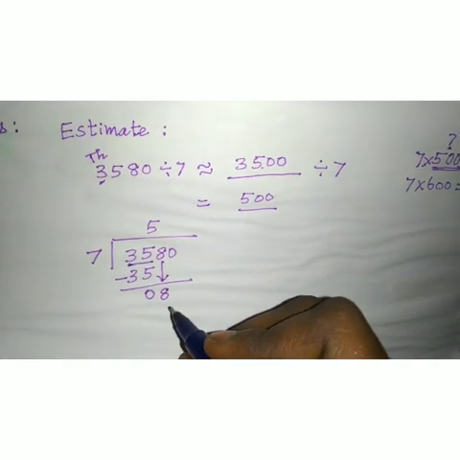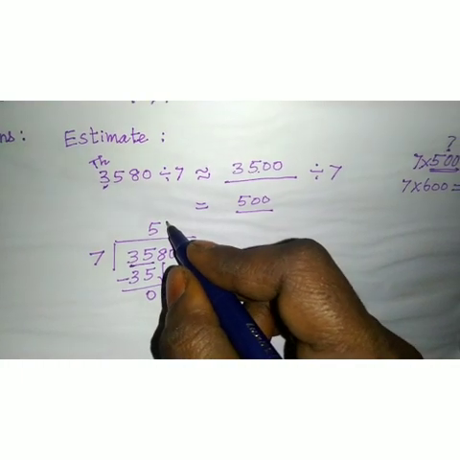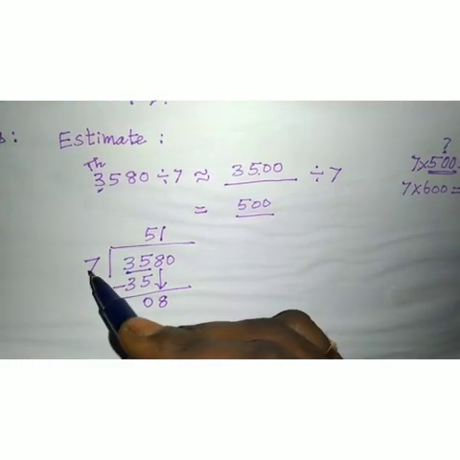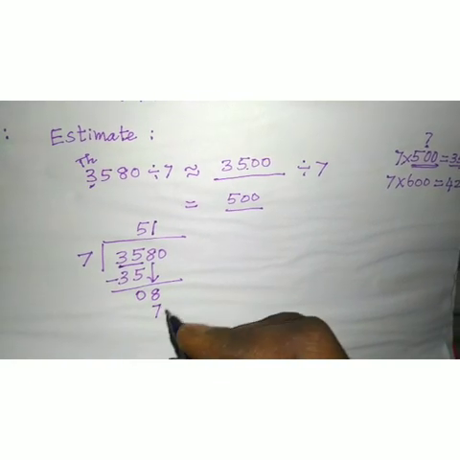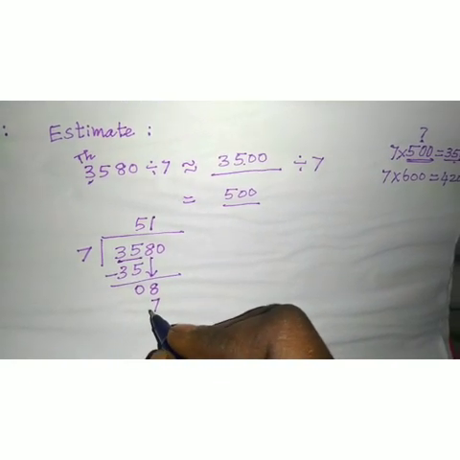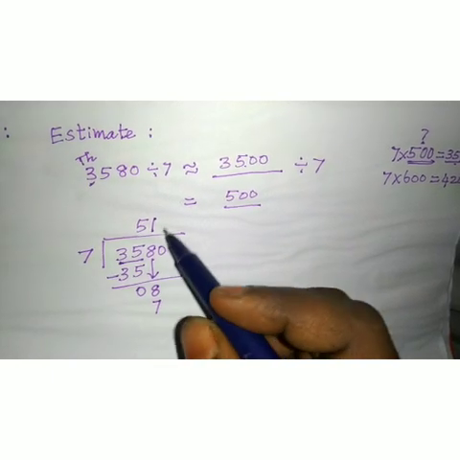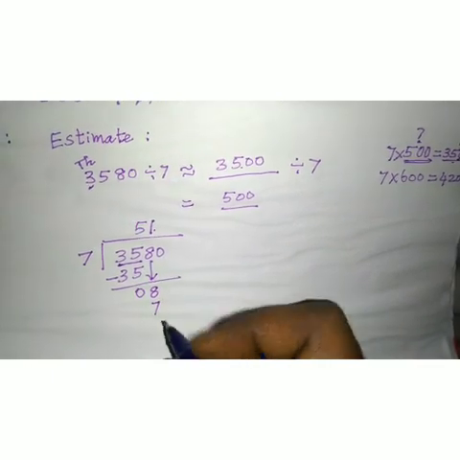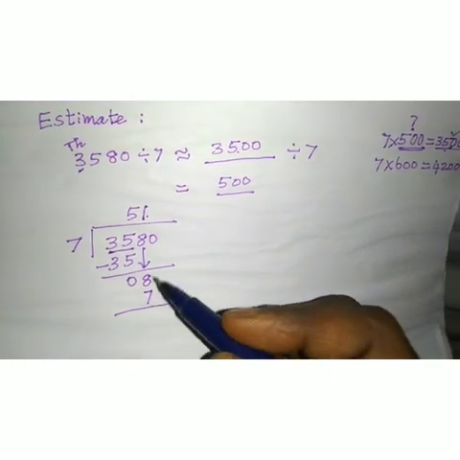How many times will you get 8 by using the 7th table? You cannot get 8, so you will use the 7th table. 7 ones are 7. If you say 7 twos are 14, 14 is greater than 8, so you cannot take 7 twos. You have to consider 7 ones only. Am I clear to you?